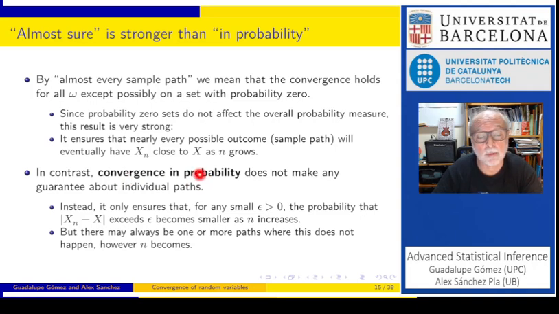In convergence in probability, we can never be sure for a given path that it will end up within the threshold. Almost sure convergence is stronger, but to be honest, it is also harder to work with and to prove.